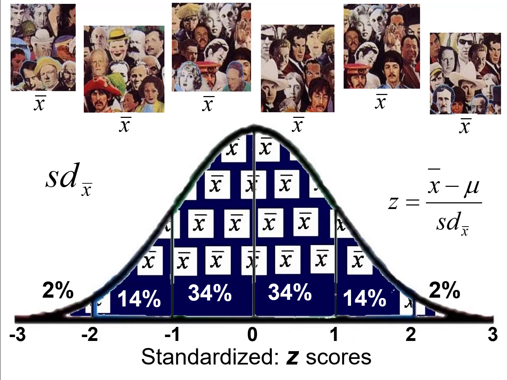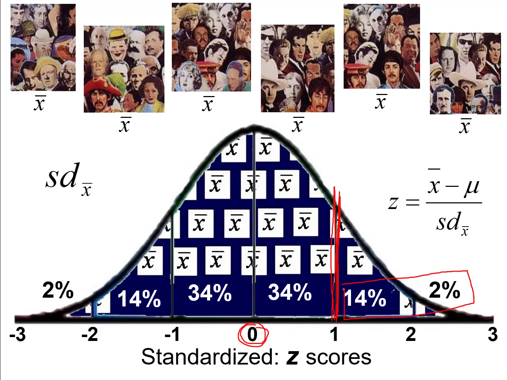If I get a z value that's right here, say my z is 1 standard deviation above the true population parameter, that is, if the statistic from my study is 1 standard error unit higher than the true population parameter, well, I know the probability of making more error than that is 16%.